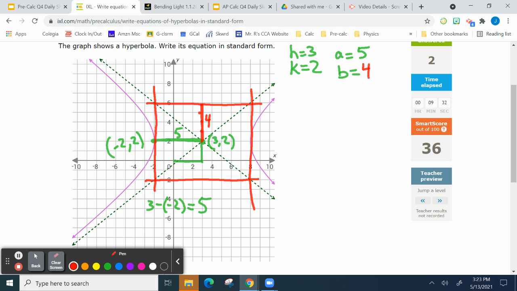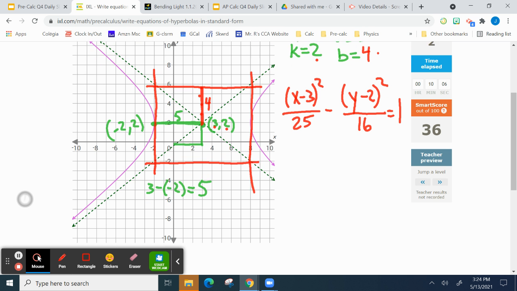It's horizontal, so it's going to be x first. So that's going to be x minus 3. Remember, there's a minus in the formula, so when these are positive, it's going to be minus, right? x minus 3 over a squared, 5 squared is 25, minus y minus 2 squared over b squared, which is 16, equals 1.